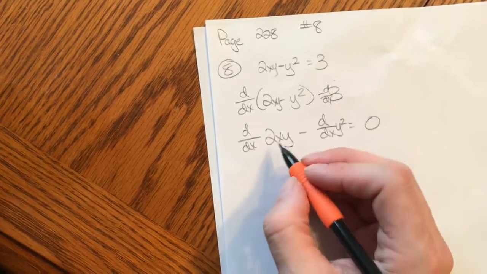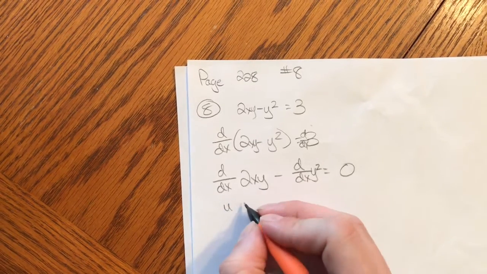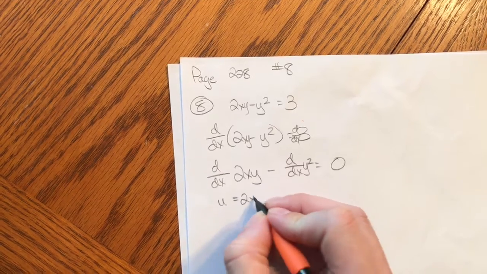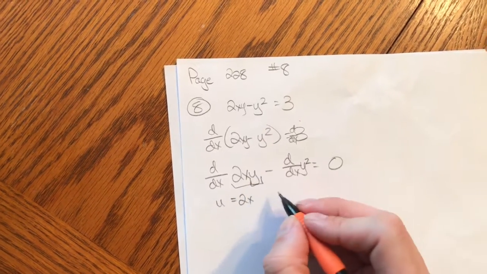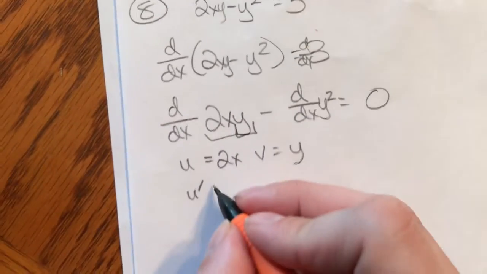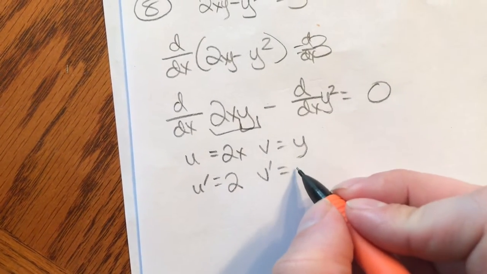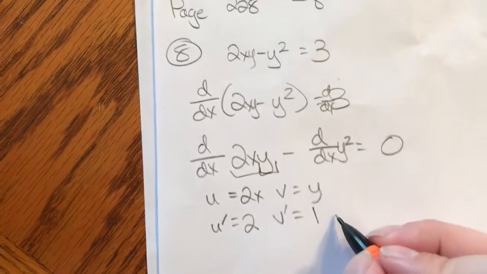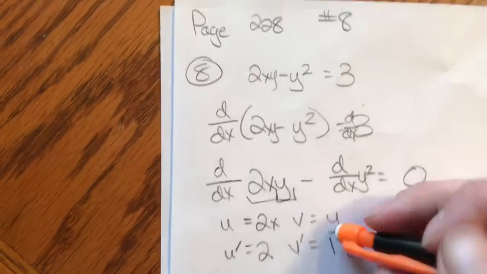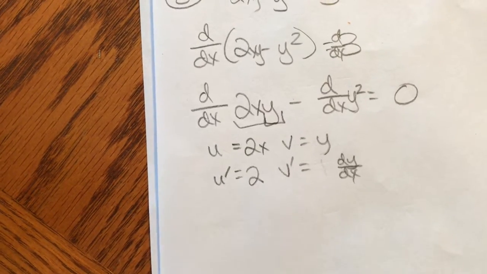So the way I have to start this out is I have a 2x times a y, which means I have to use the product rule. Let u be 2x and v be y. u prime is 2. v prime is the derivative of y, which is 1 attached to a dy/dx, so really it's just dy/dx.